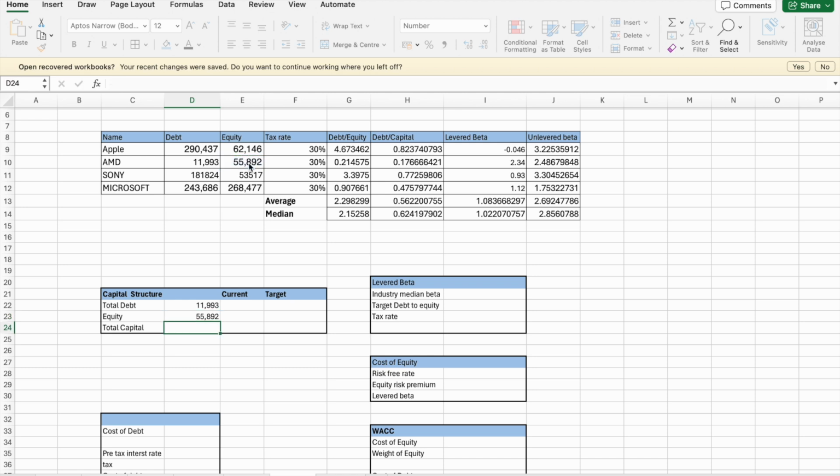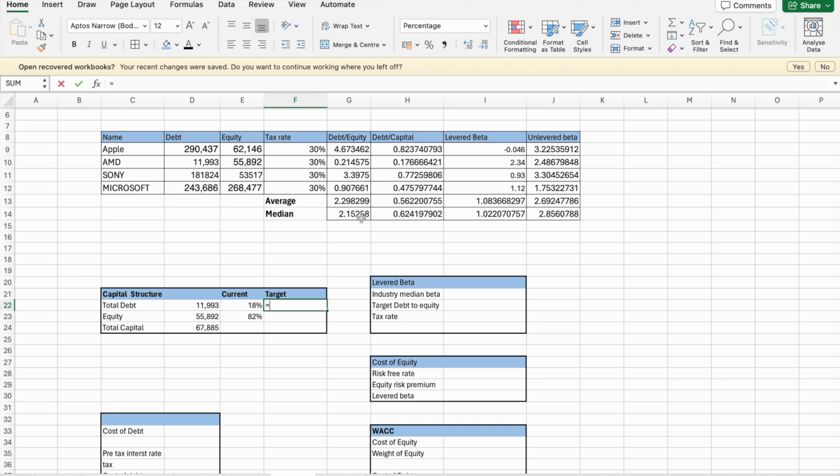So total debt here is 11,993, equity, we are going to do the AMD one. If we sum this, it is 1,67,885. The current is simply divided by the total capital, 18%. Now we are going to take the industry average, which we got from the 4 companies.